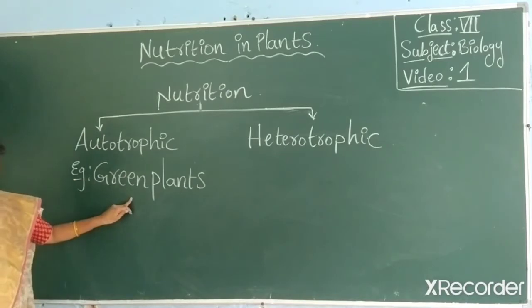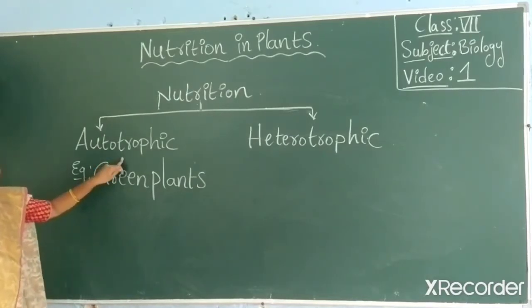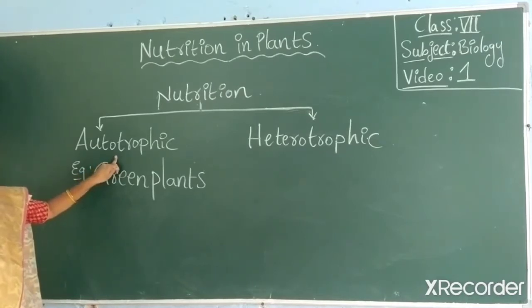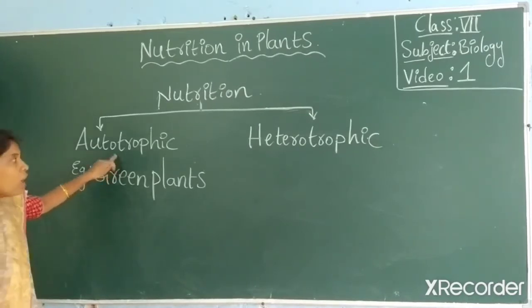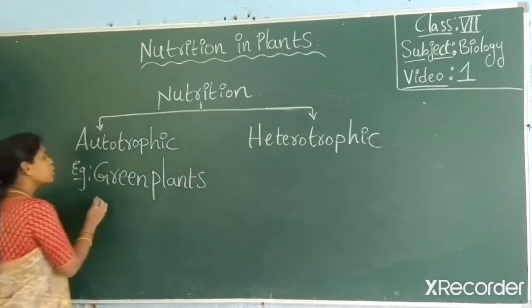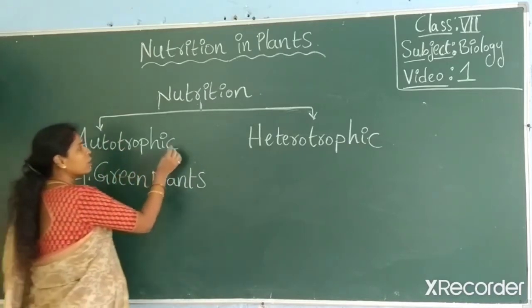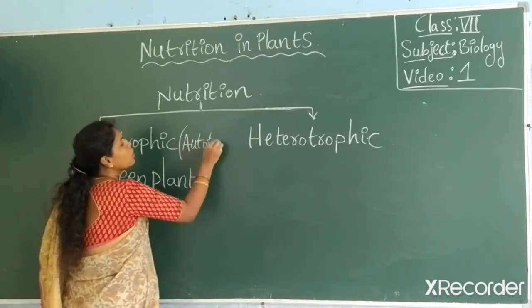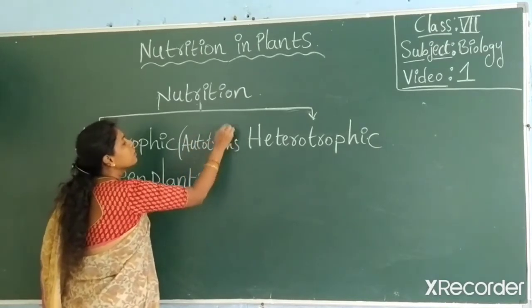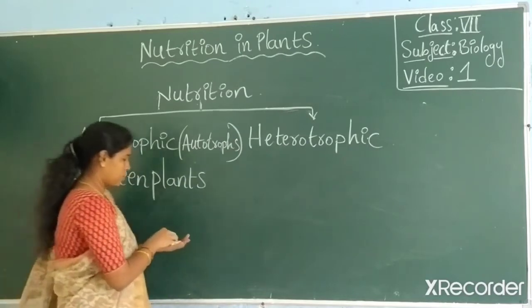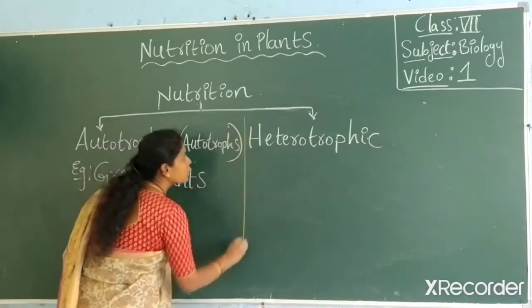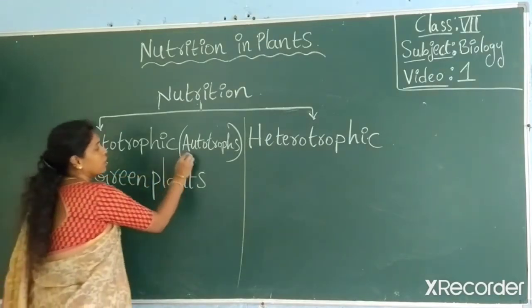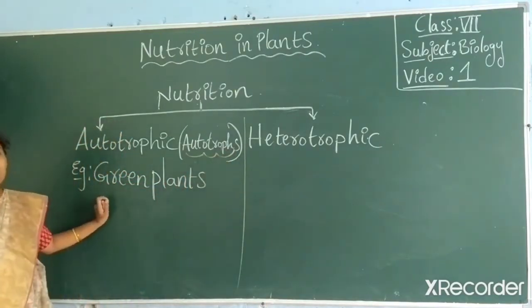Those who follow autotrophic nutrition and can make their own food are known as autotrophs.